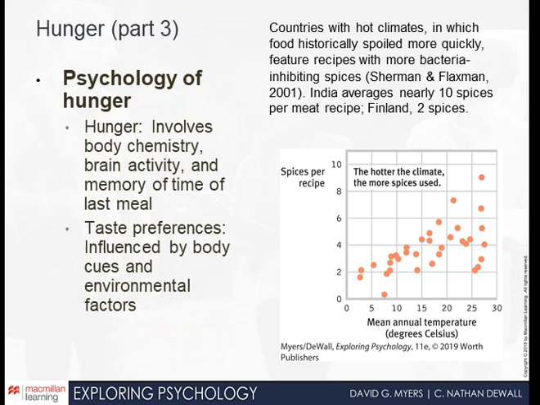All these things come into play in order for you to experience hunger. In addition to that, we have also things like your taste preferences, influenced by body cues and environmental factors. We are creatures of our environment just as much as we are creatures of anything. So in some environments, we may have developed certain tastes for certain types of food.